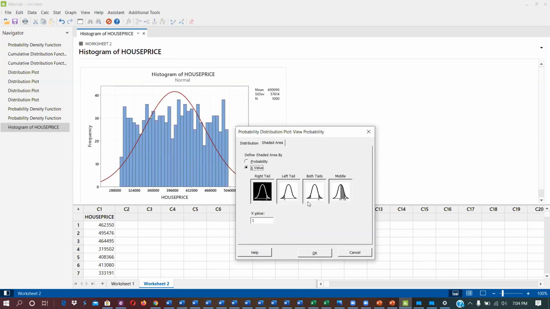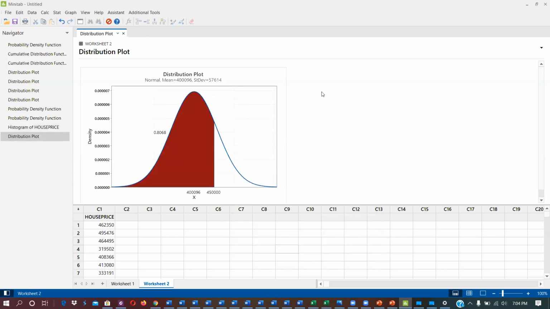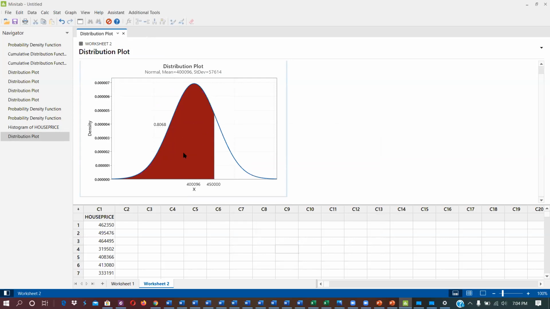Now I would like to check where my X value, my house value of 450,000, is. Let's look into that. Can you see this? This means 80%. Here you can see the area on the bottom is 80%.